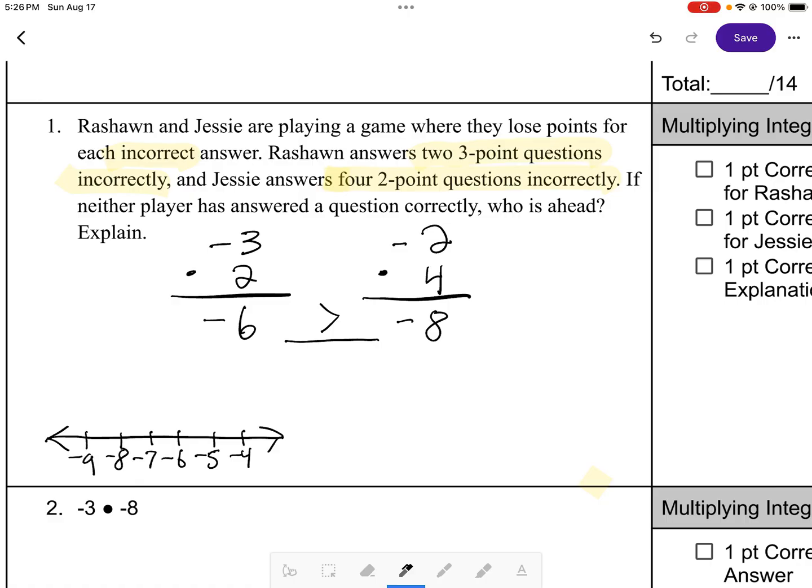For time's sake, I just have it abbreviated. But you can see that -6 is closer to 0 than -8. So -6 is going to be bigger than -8. And that -6 belongs to Rashawn. So Rashawn, while he's not ahead by very much, he is still ahead.